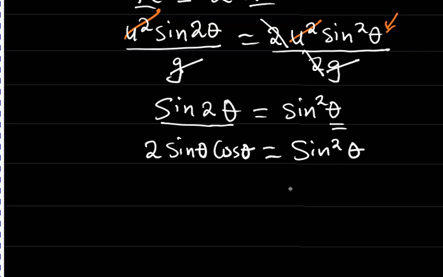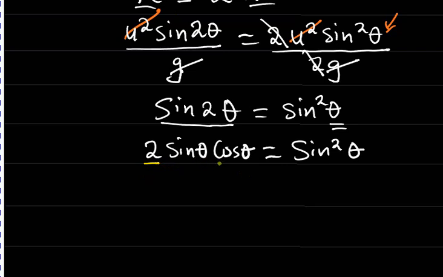So what do I do in this case? I'm going to rearrange this equation so that I have the constant, this coefficient, at one side, and all the ratios at the other side.